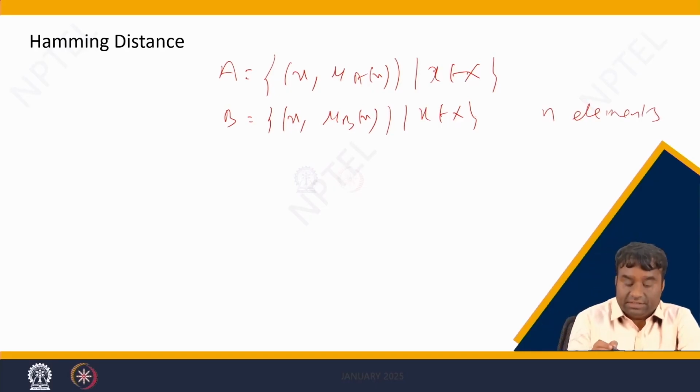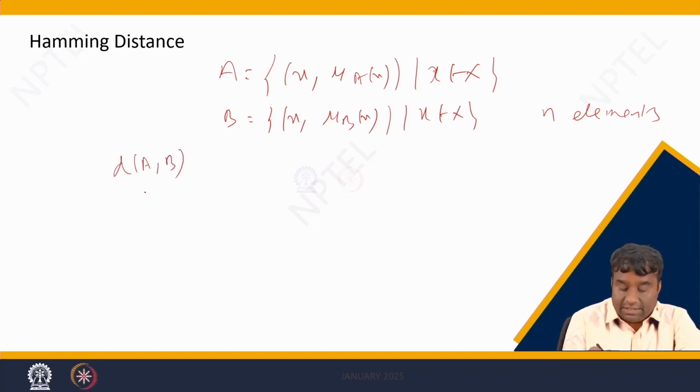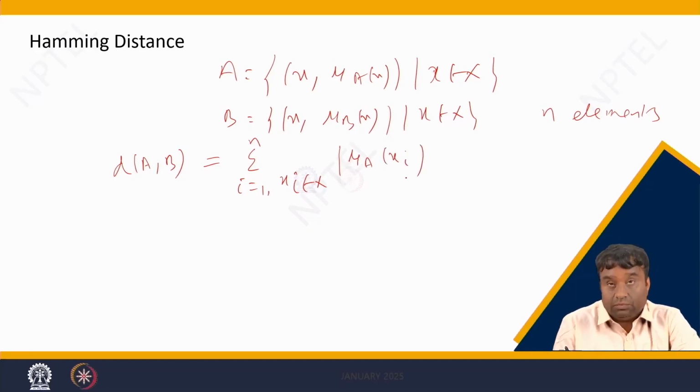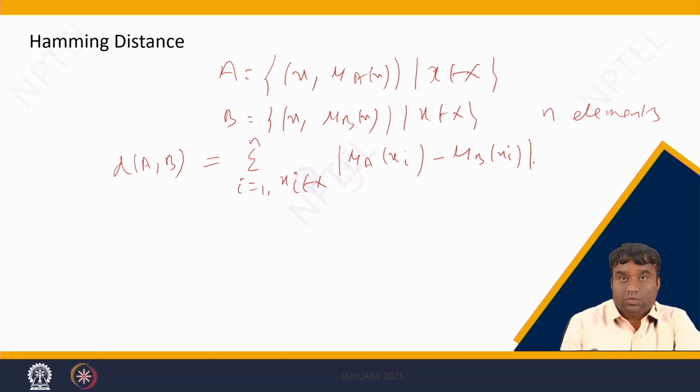Now the Hamming distance is denoted as d(A,B) and it is defined as summation i equal to 1 to n, xi belongs to X, of the numerical value of the difference of the two membership functions, mu A and mu B. We take the numerical value, that is, mod. This is known as the Hamming distance of two fuzzy sets A and B.